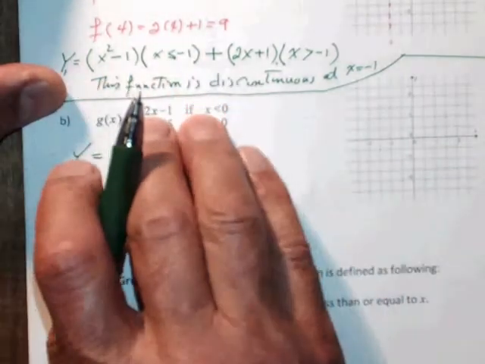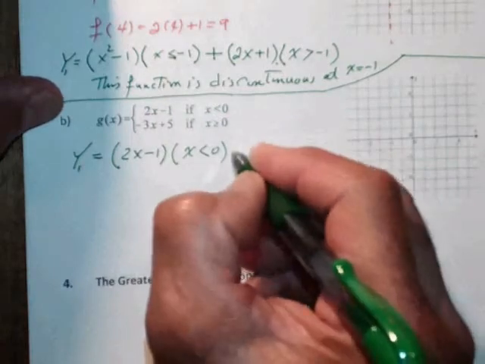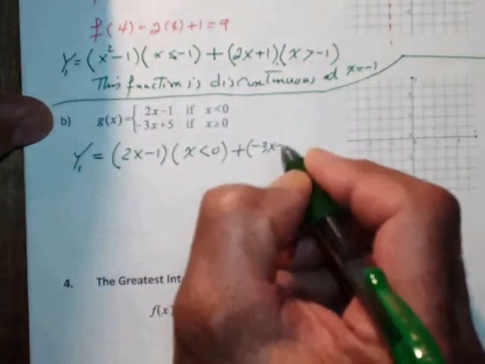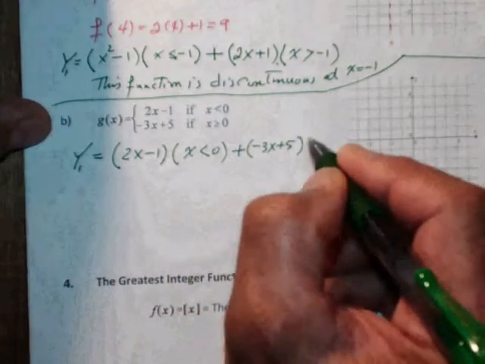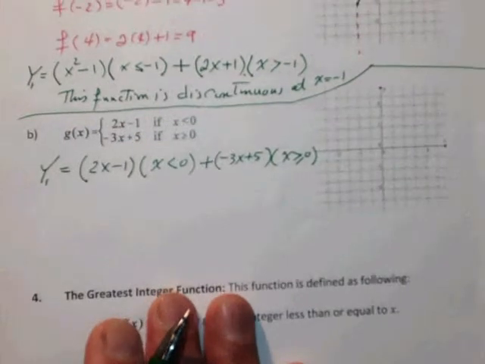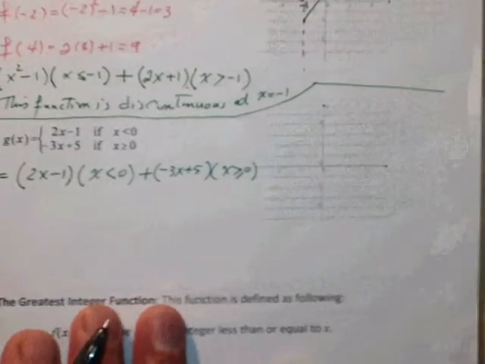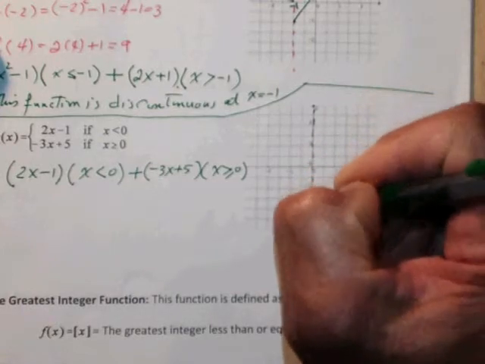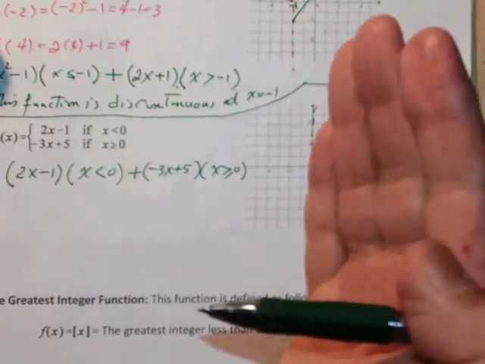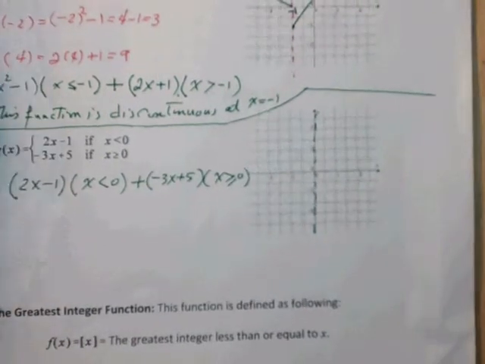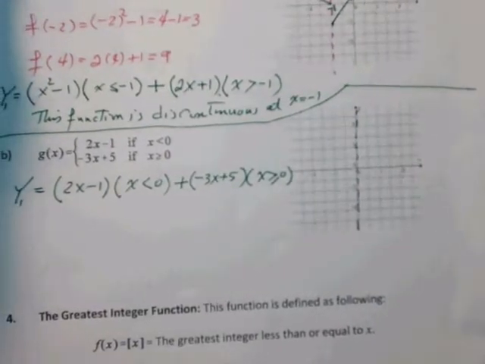So I did the first one, and then plus parentheses negative 3x plus 5, parentheses x bigger than or equal to 0, like that. Okay. So in this case, the connecting point is 0 right here. You have one piece of graph to the left, one piece of graph to the right. I have no idea how it's going to look until I graph it. Then we can tell whether it's continuous or not.